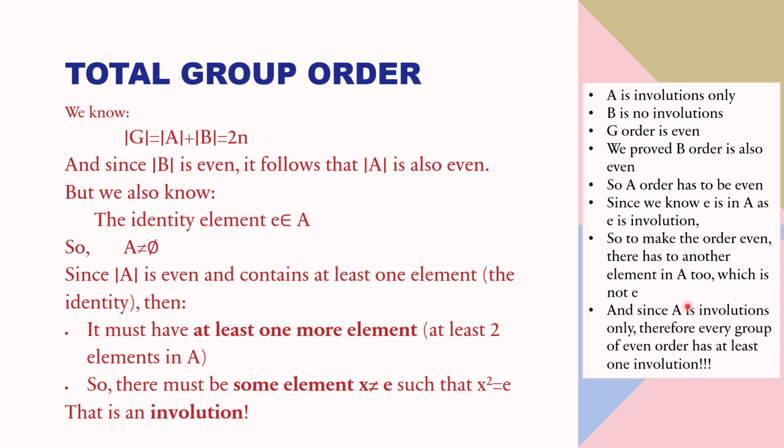And since A is involutions only, therefore every group of even order has at least one involution. I hope I tried to make it as clear as possible. This is a kind of complicated theorem, but it's very important. And this is how we prove that every group of even order has at least one involution.